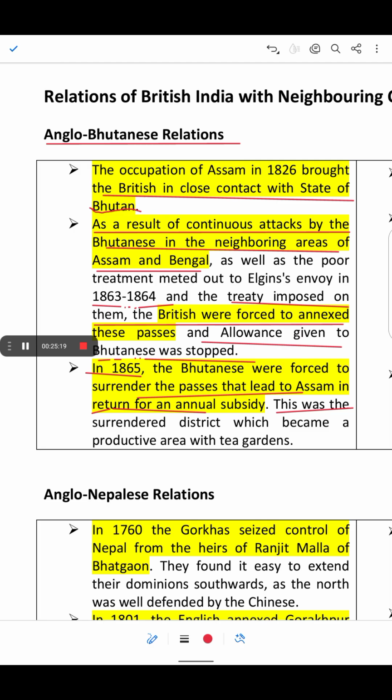So in 1865, Bhutan had to surrender and signed a treaty. They gave up the passes leading to Assam in exchange for an annual payment from the British. The passes connected Assam with Bhutan and were valuable for trade and security. So the British developed these regions into productive land with tea gardens.